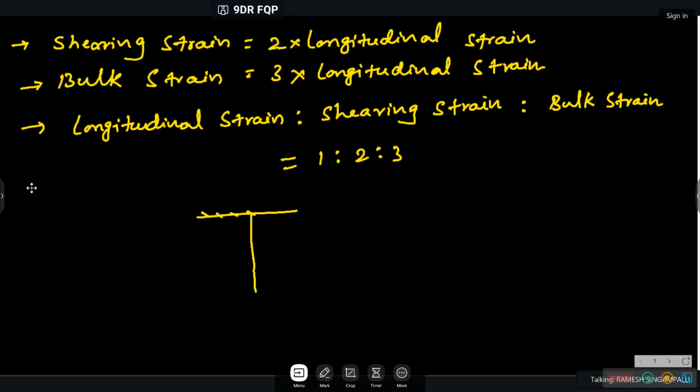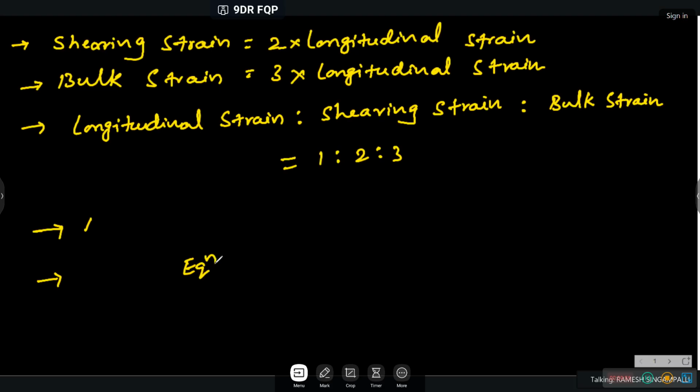A long wire suspended vertically can elongate due to its own weight. Next point.